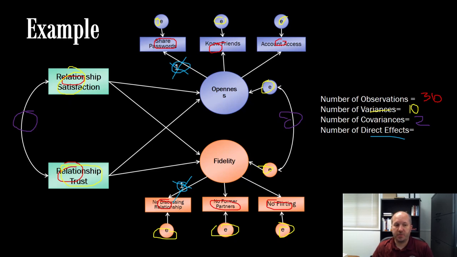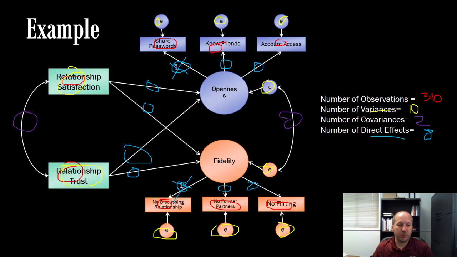So when we count these up, we have 1, 2, 3, 4, 5, 6, 7, 8. So we have 8 total direct effects. Again, we're not including the arrows coming from our residuals or any constrained parameters.